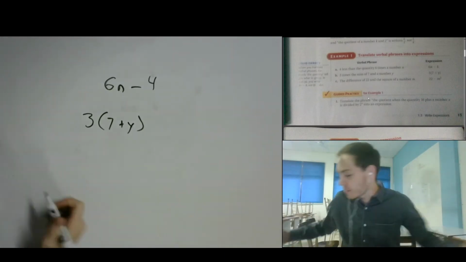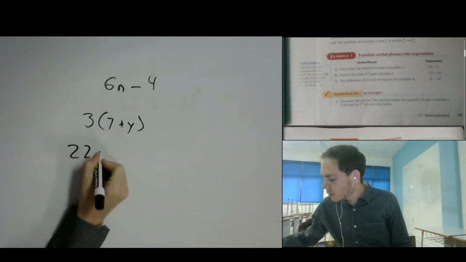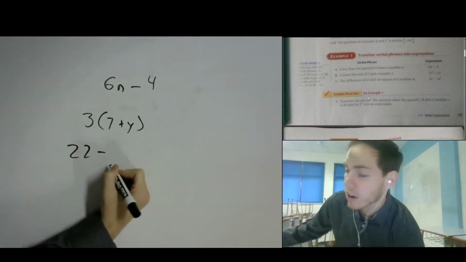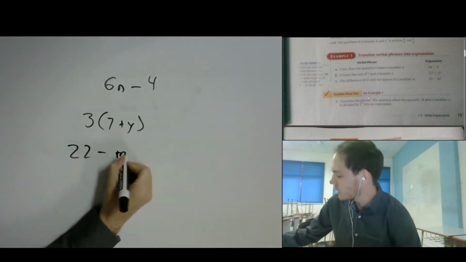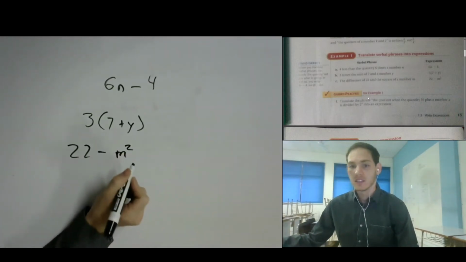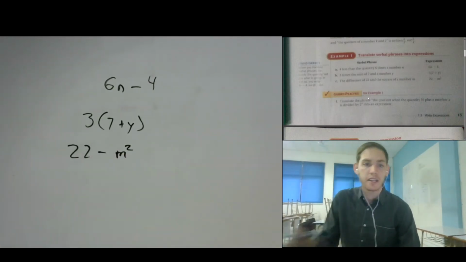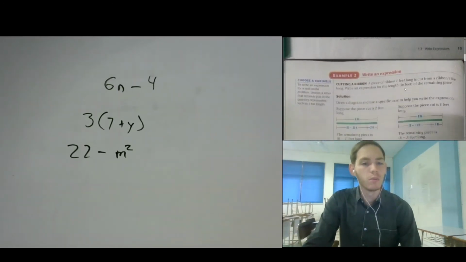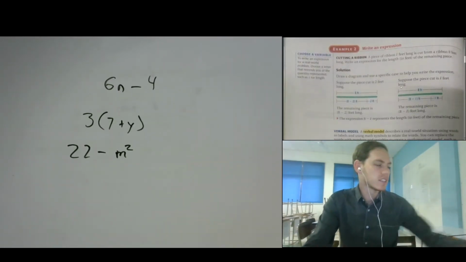So I get 22 minus the square of a number. We know what a number squared is: square of number n. Now we'll go through more examples, but let's keep going.